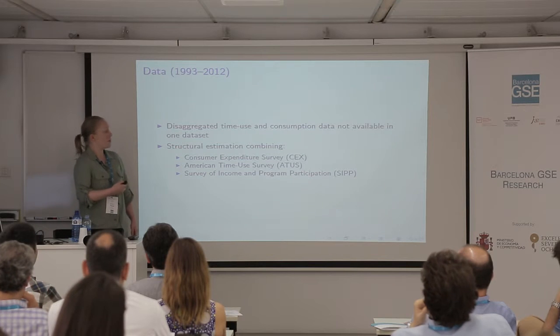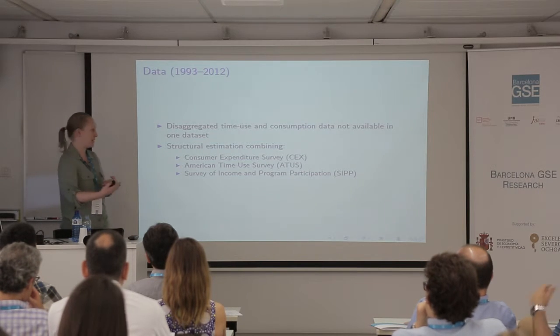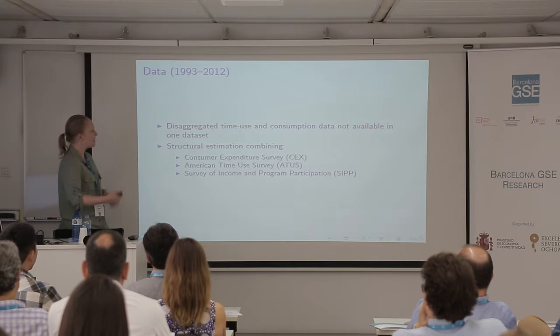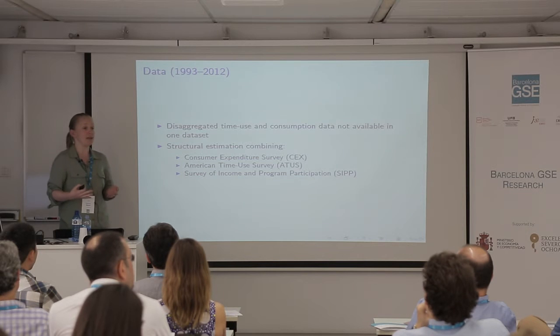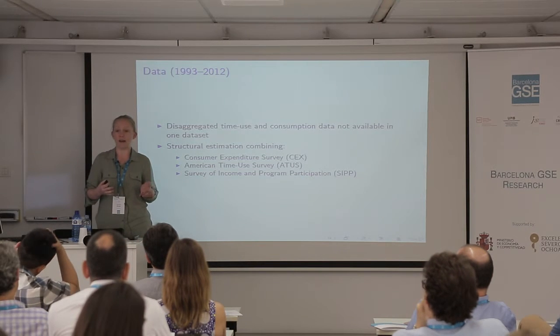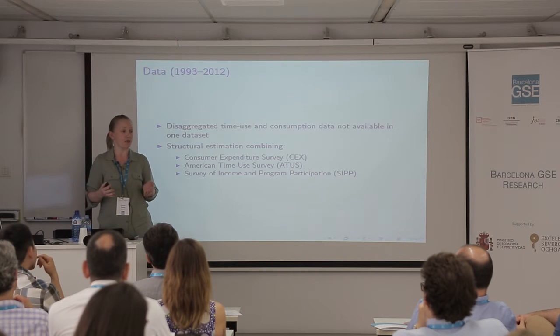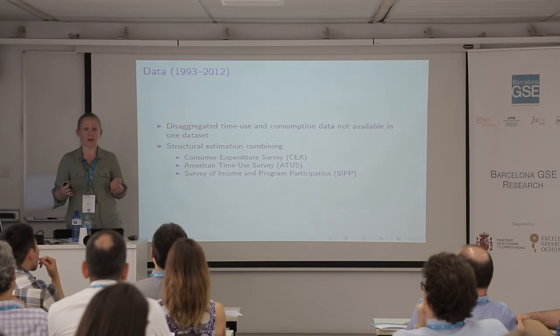Okay, so to actually estimate this model, there's a challenge because disaggregated time use and consumption data is not available in one data set in the US. There is a Dutch data set which does have this kind of information, but it's very small.